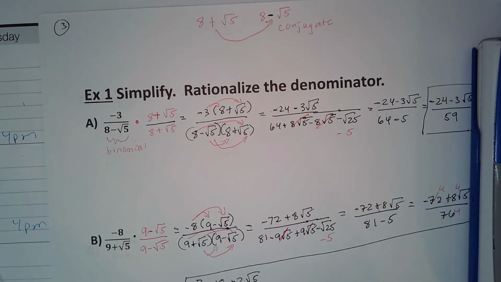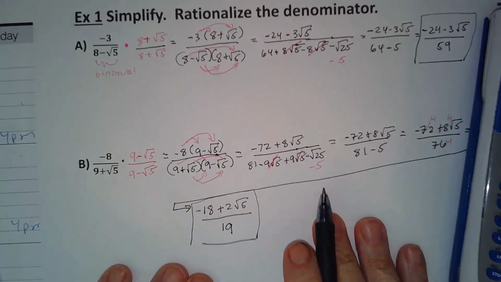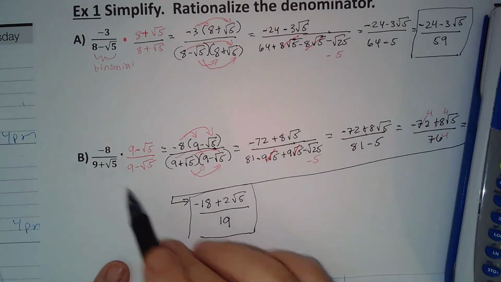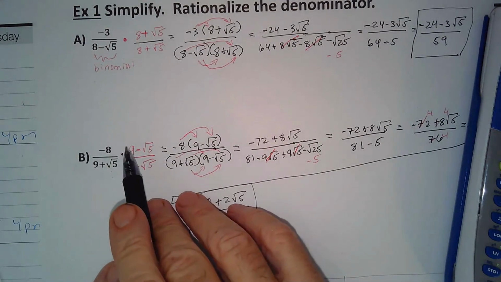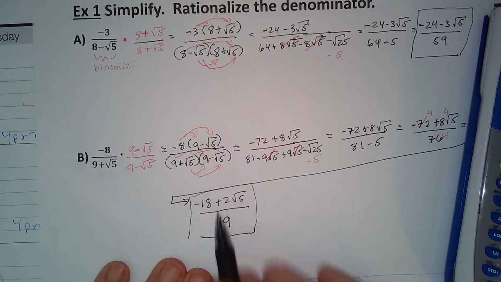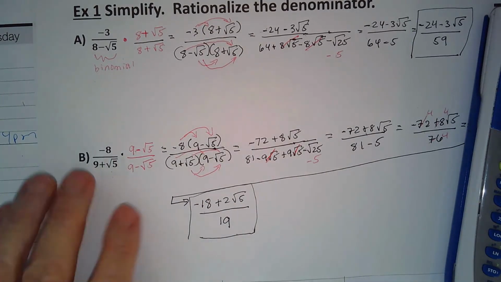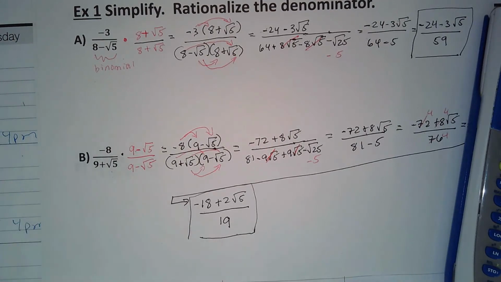So there's your answer. And again, you could, if you wanted to, compare these two fractions using your calculator, coming up with a decimal answer, and confirming that indeed these two fractions are equivalent. Okay?